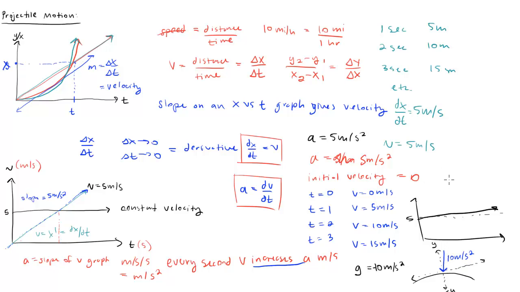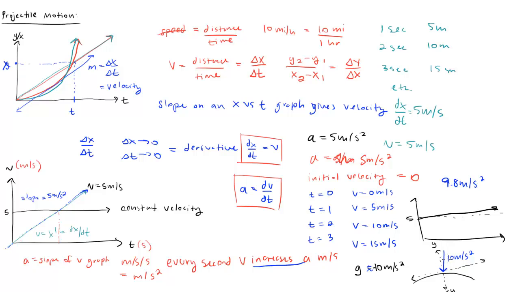Approximately. It's actually 9.8 meters per second squared, but it's approximately equal to 10. A lot of the time when you do quick calculations, you use 10. For the AP test, they'll have you use 9.8. So 10 meters per second squared.